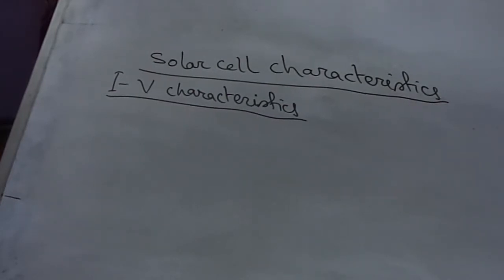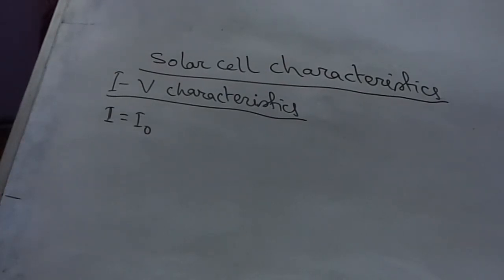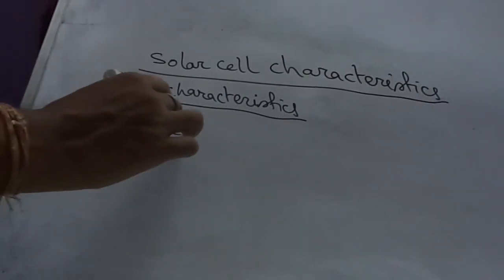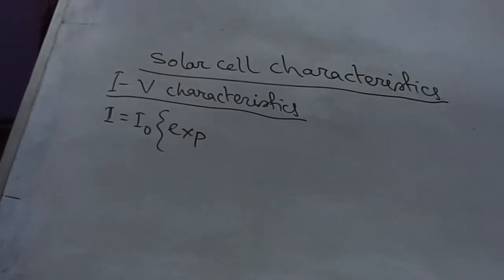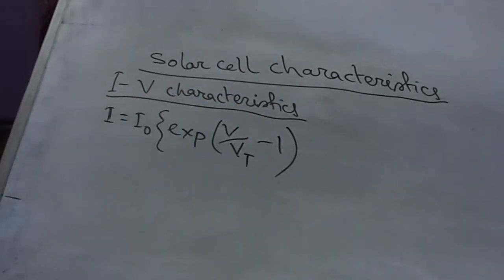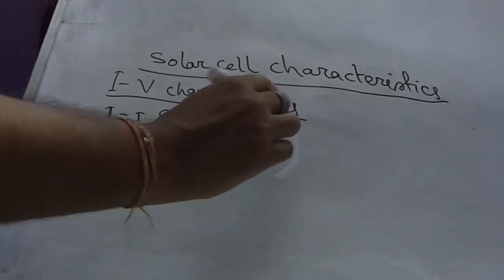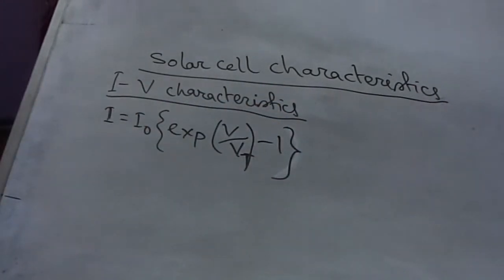I is equal to I0 exp of V divided by Vt, minus 1. That is the mathematical relation, where I0 is the reverse saturation current.